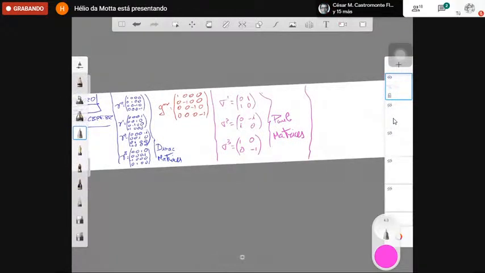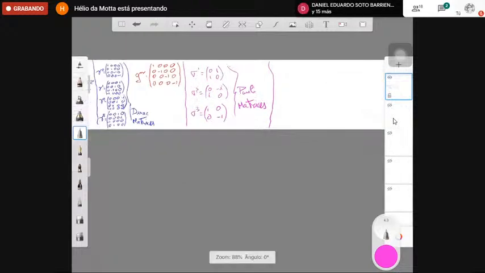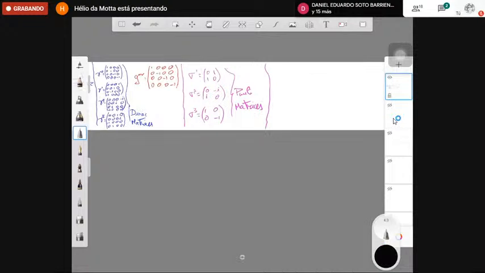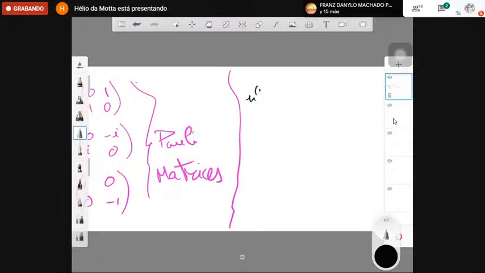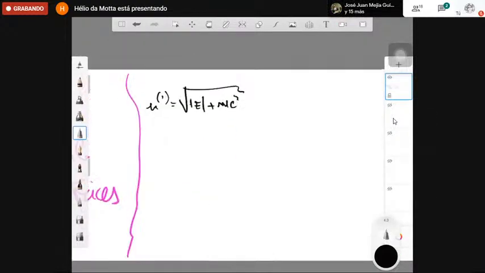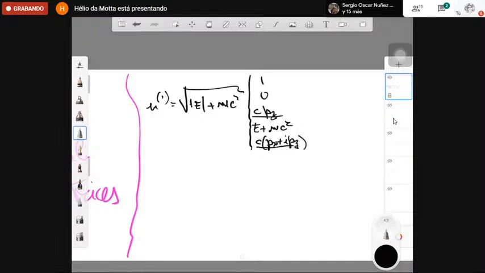The other thing that we got yesterday are the equations representing the particles that we have to work with. So we have the u1, with c px plus i py over E plus mc squared, and c pz over E plus mc squared.